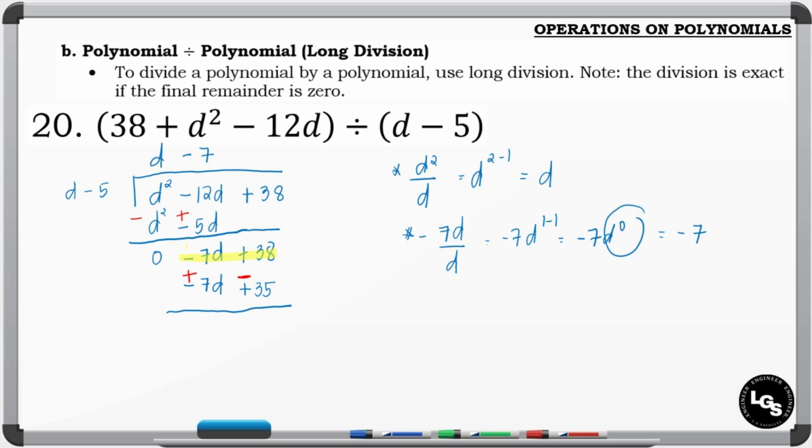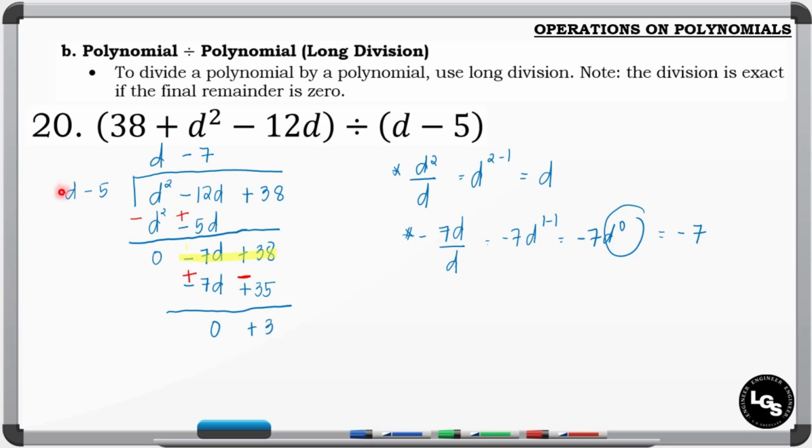Then proceed with addition. So positive 38 plus negative 35, that will become positive 3. Then negative 70 plus 70, that is equal to 0. So when are we going to stop dividing? Let's check.